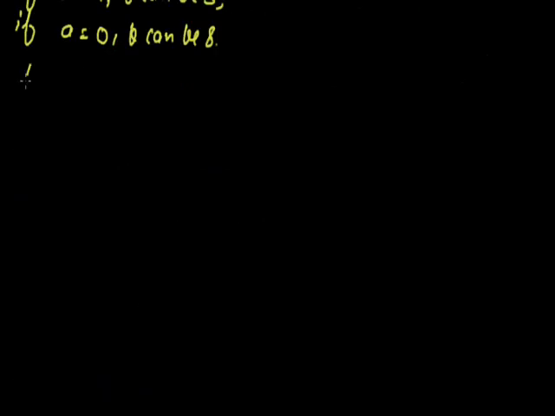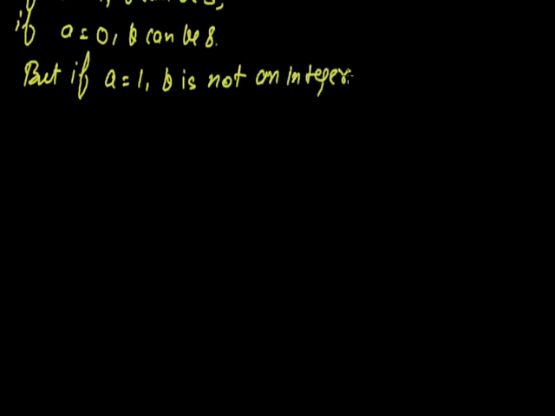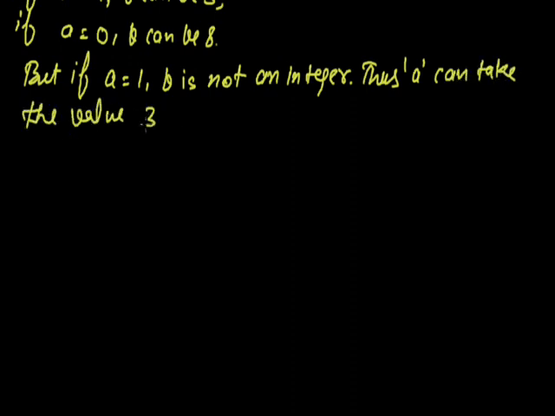But if a is equal to 1, then b is not an integer. Thus a can take the value 3, 2, 0, but not 1.